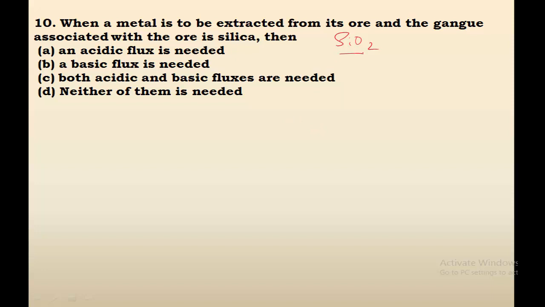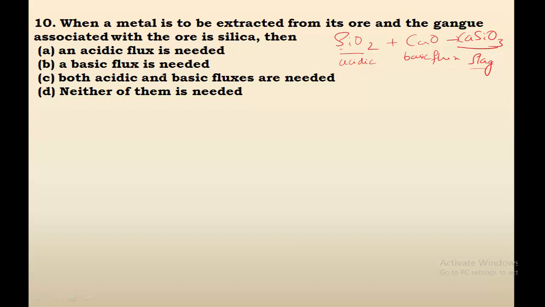This silica is an impurity. Silica is a non-metallic oxide, so it is acidic in nature. So we need to use a basic flux, such as calcium oxide. Then it will form silicate, which is known as slag.